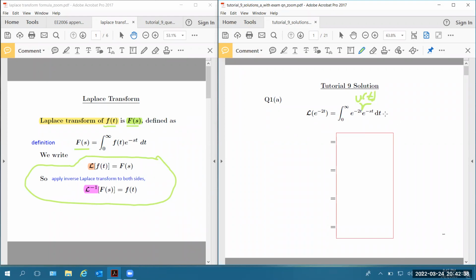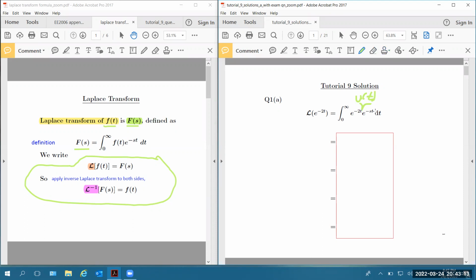Now I explain why. Actually there should be a u(t) here, right? But why don't you see it? Any idea why this u(t) is invisible? Is it because of the range of integration? Yes, correct. Your range of t is from 0 to infinity.